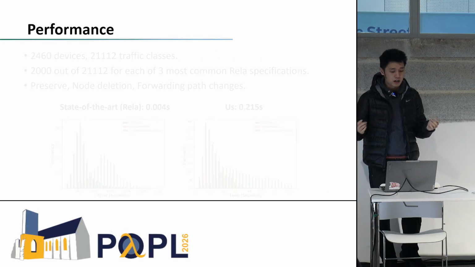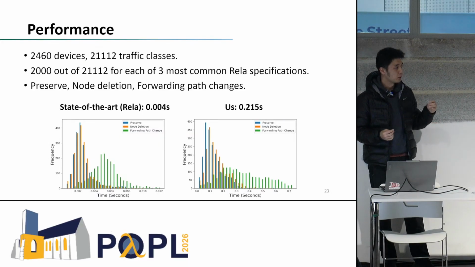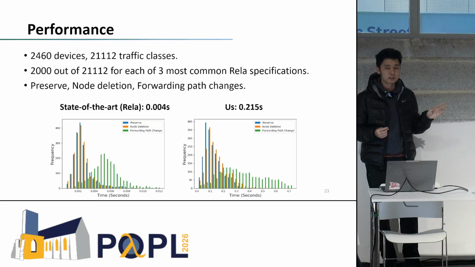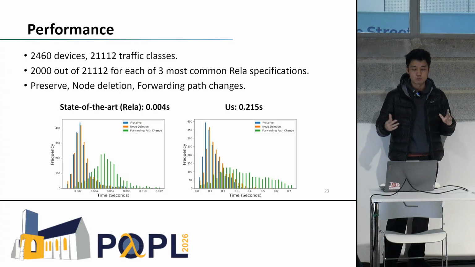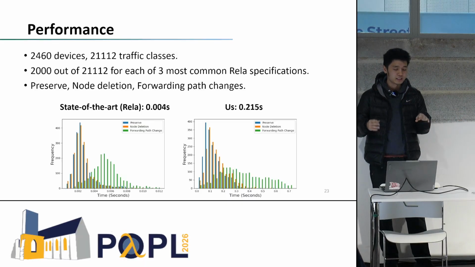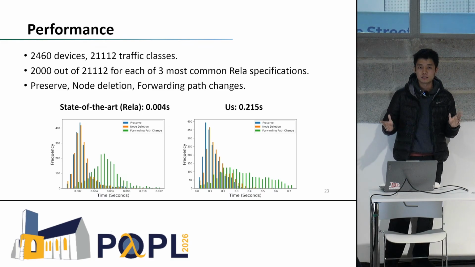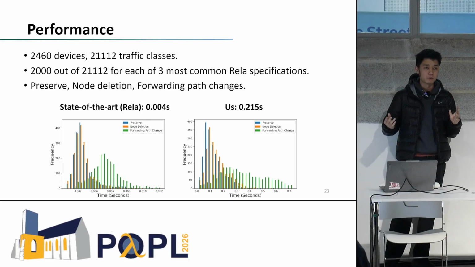The other benchmark I want to show you is the benchmark comparing with Ratul. Ratul is a relational network verification tool where they use the Alibaba internal network, which contains more than 2,000 devices and 20,000 traffic classes. And we compare our tool on their data set. We randomly select 2,000 traffic classes out of the 20,000 on 3 of the most commonly used Ratul specifications and reinterpret them in our language.